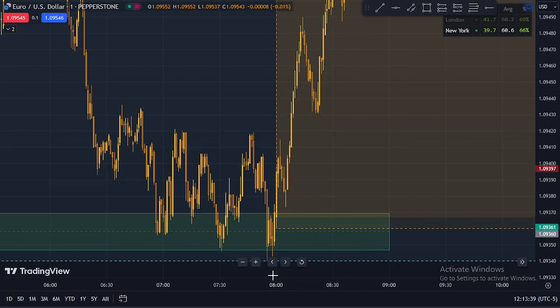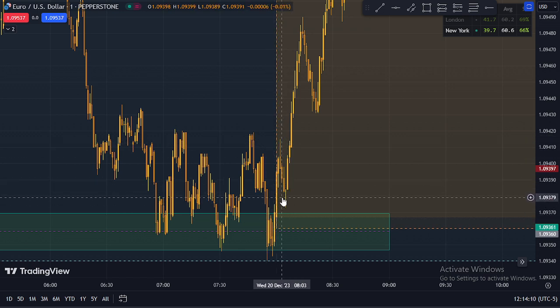So we had this, and this only happened because we were too close to New York Open, so price would likely take sell side before moving to the upside. So we had this run down, taking out the sell side, and then shifting higher. So we had a market structure shift. We had this high being taken out right there, and then we had this inefficiency.